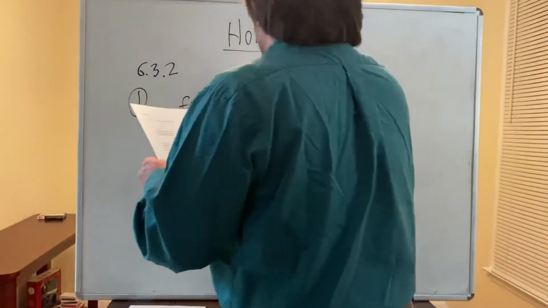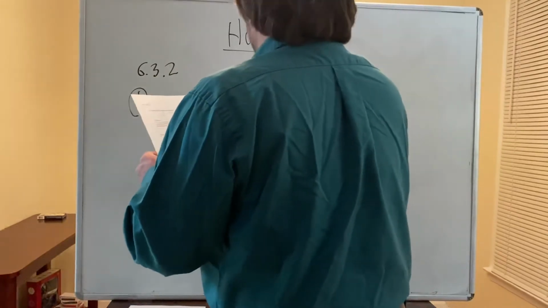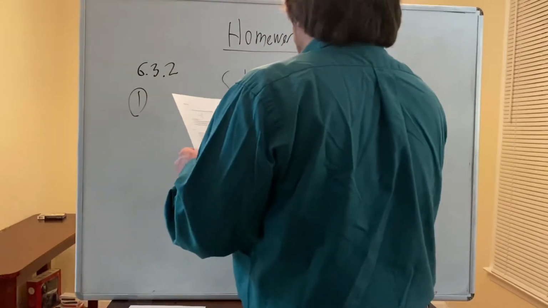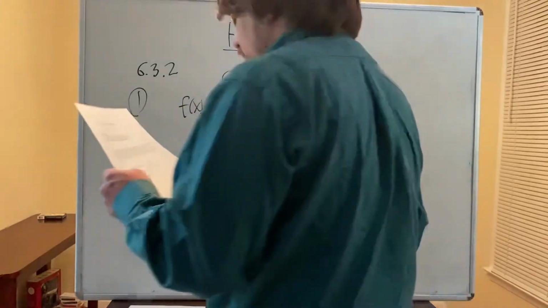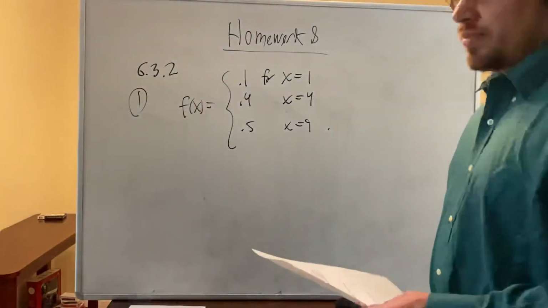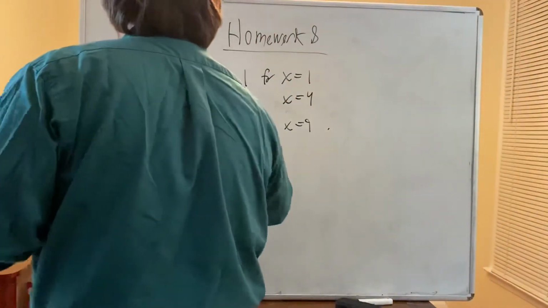So you have 0.1 for x equals 1, 0.4 for x equals 4, 0.5 for x equals 9. That's the probability function, and you want to find a few things. Let's find E of X squared.